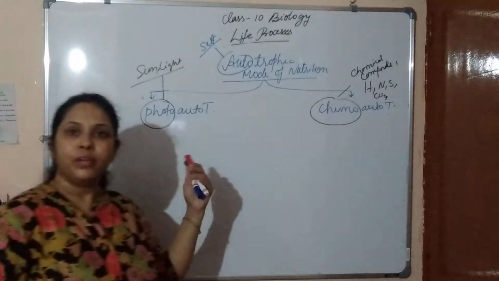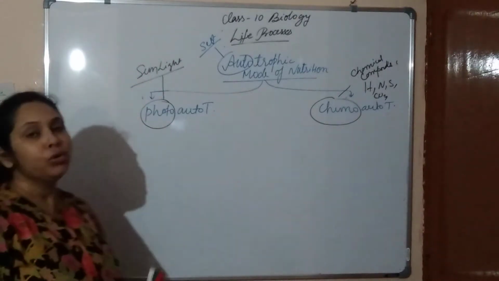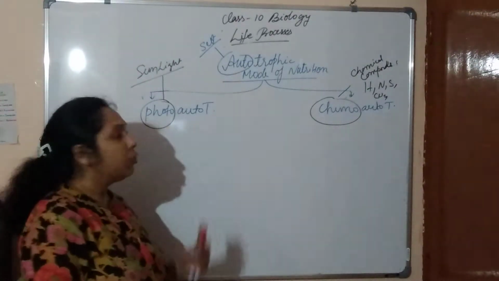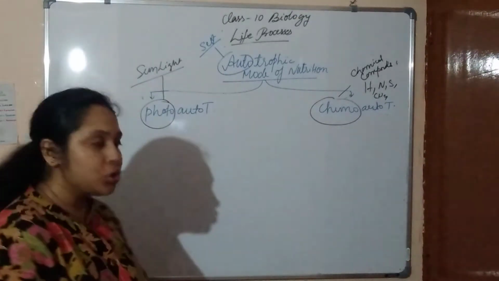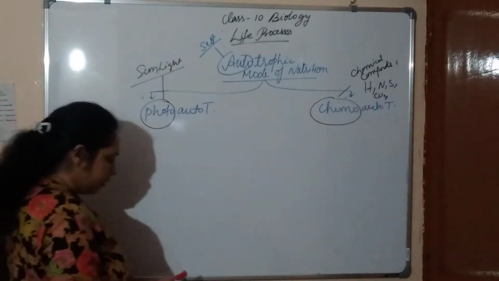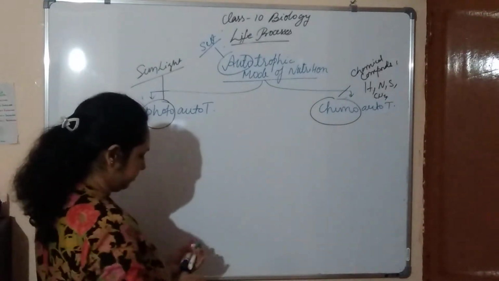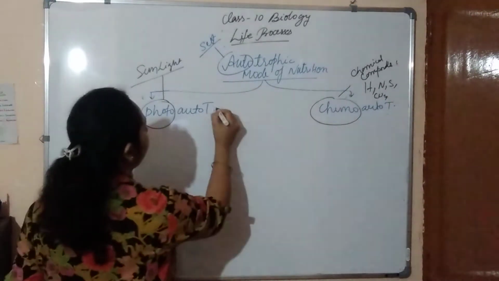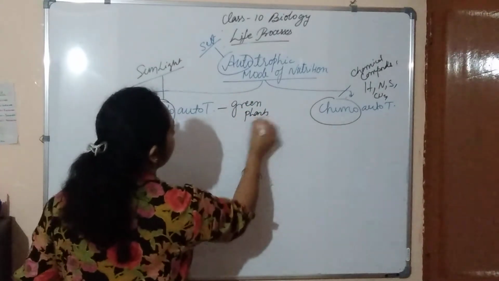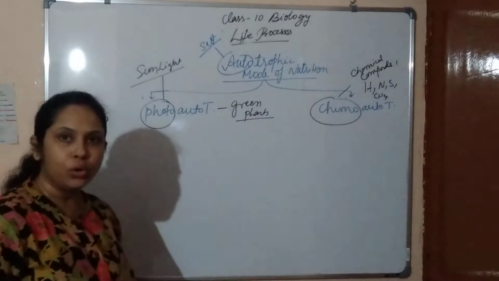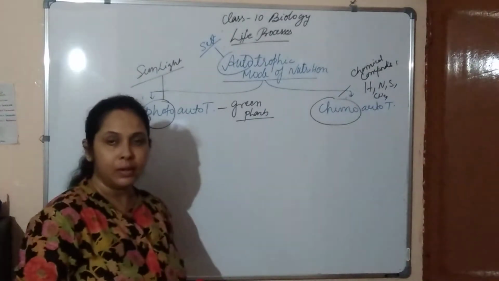Here we are going to discuss the photoautotrophs. The organisms, basically the green plants, show the photoautotrophic mode of nutrition.